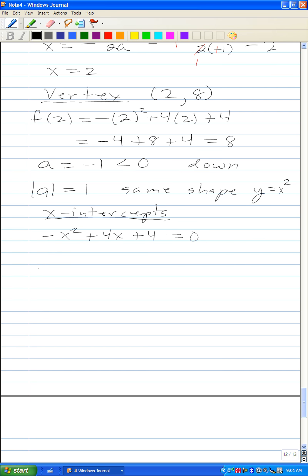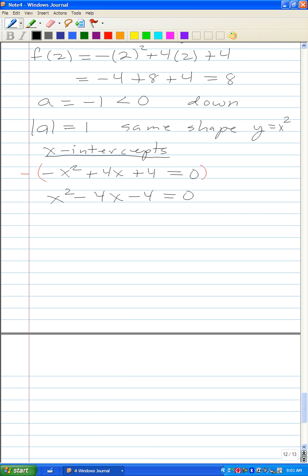And so let's use the quadratic formula. Actually, let me multiply by negative 1 first, so I don't have to divide by a negative before I plug this into the quadratic formula. And so I have here x squared minus 4x minus 4 is 0.